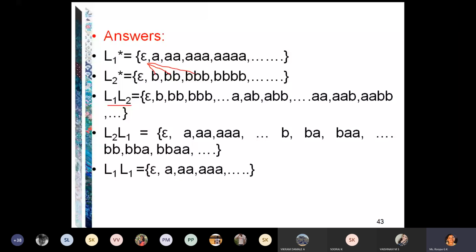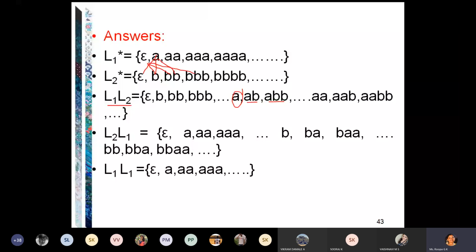Next, what happens? Second component of L1, A, is concatenated with this epsilon. What will you get? A epsilon. It is A, right? Now A is concatenated with the B. A is concatenated with the BB. So as next components, it is AB and ABB. Then put dot dot dot.